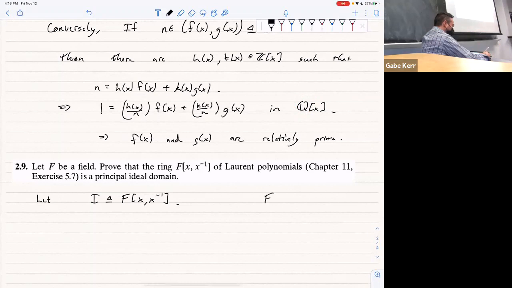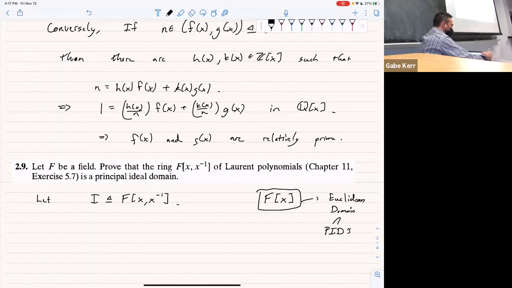Okay, guys, you got to look back at the notes. Everyone's losing track here. This is a PID. This is a Euclidean domain, which is a PID. All of the Euclidean domains sort of satisfy the best properties we could ask for in a ring, short of being a field.